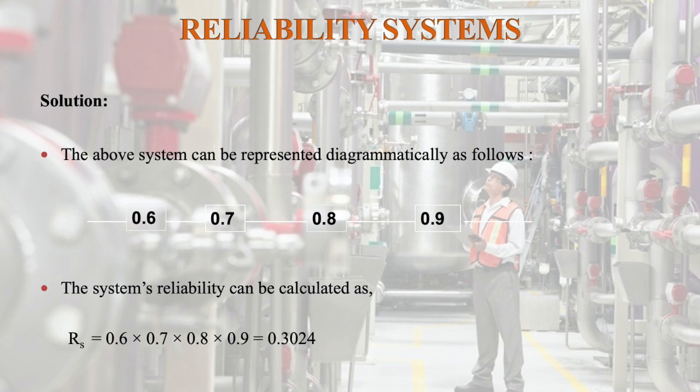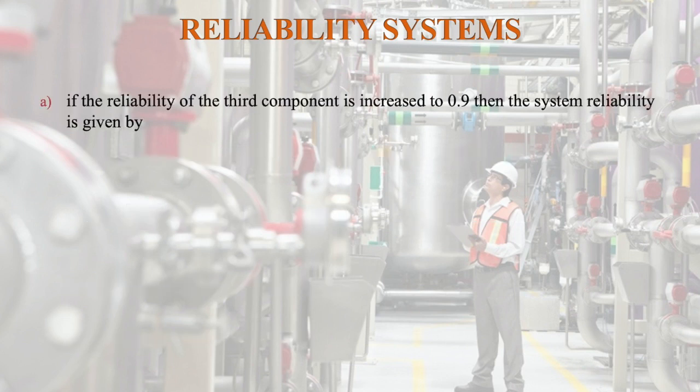Then second is, if the reliability of the third component is increased to 0.9, then the system reliability is given by, so what change takes place. So Rs is equal to 0.6 into 0.7 into, again here we have changed, that is 0.9 instead of 0.8, and into 0.9, that is equal to 0.342.